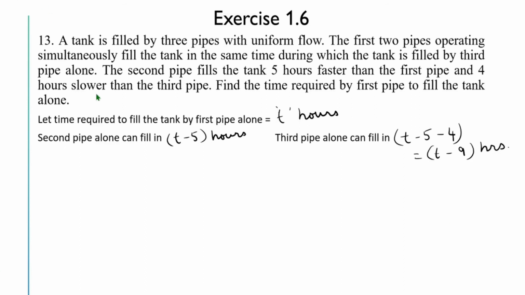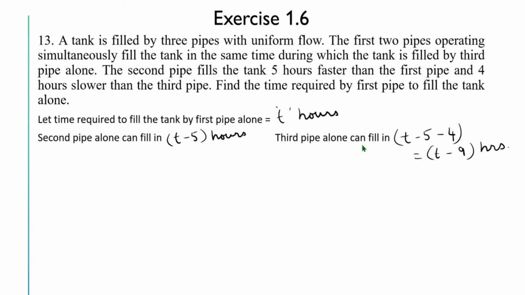So we have taken the time required to fill the tank by the first pipe alone as T hours. They have given the second pipe fills the tank 5 hours faster than the first pipe, so the time taken by the second pipe will be T minus 5 hours. And the second pipe fills the tank 4 hours slower than the third pipe, which means the third pipe can fill the tank 4 hours faster than the second pipe.